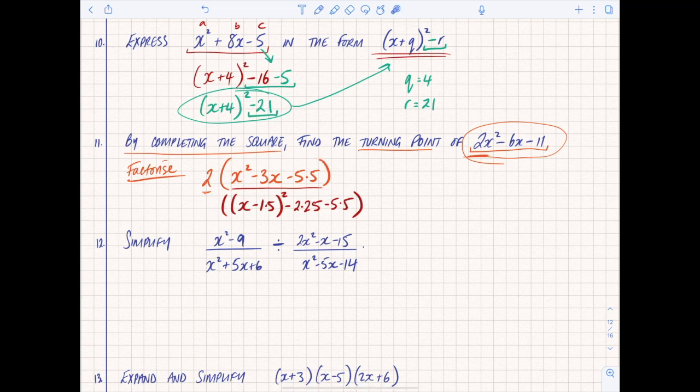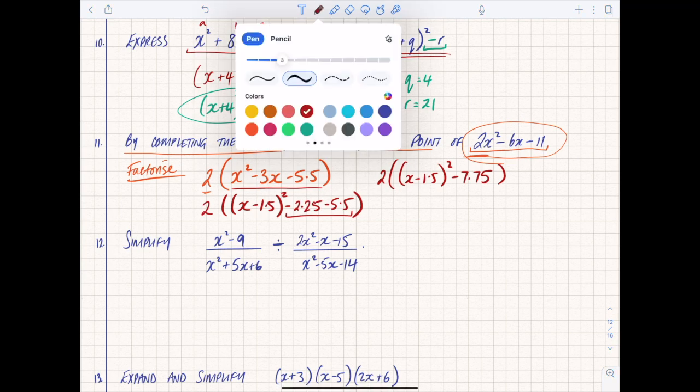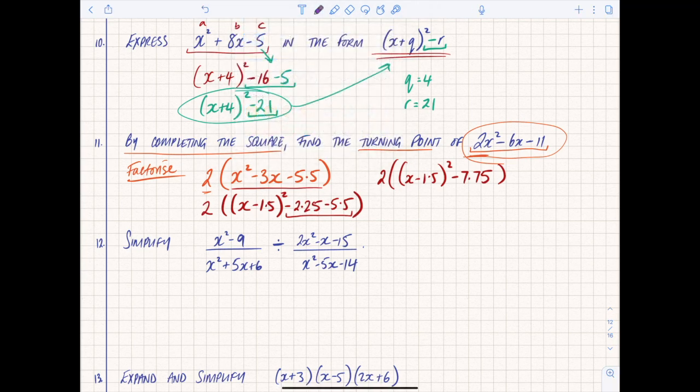I'm then completing the square, so doing what I did here inside that bracket, and I'm going to keep that 2 on the outside. So from here, let's tidy that up. I've still got my 2 on the outside, x minus 1.5 all squared, and then minus 2.25 minus 5.5 is minus 7.75. Close your brackets. Now from here, the last step, which is slightly different to what we normally do, because imagine that that 2 wasn't there, this is in the correct format for what we did up here.